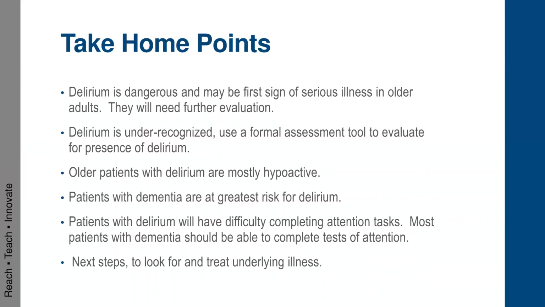Patients with any underlying cognitive impairment are at the greatest risk for delirium. And patients with delirium will have difficulty completing attention tasks, but most patients with dementia should be able to complete a test of attention. So then the next steps are to look for and treat underlying illnesses.